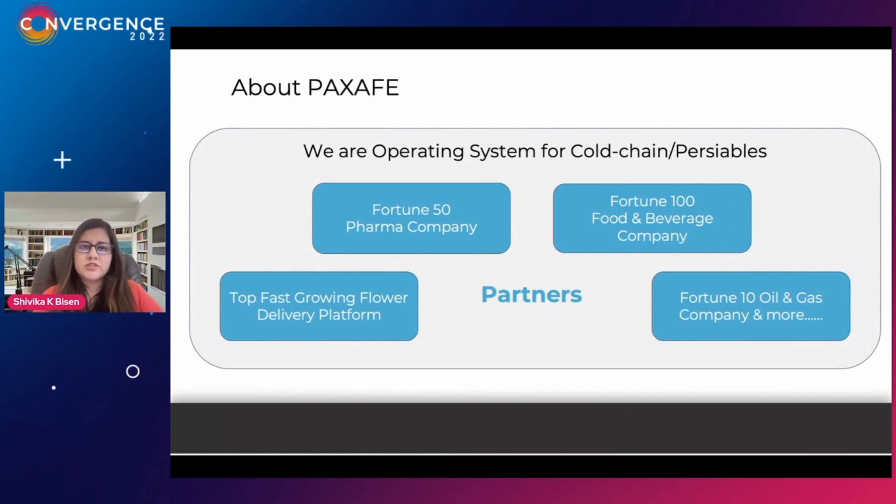We are a data intelligence company that builds predictive engines and analytical engines for streaming IoT data, which is used in shipments. Some of our past partners are a Fortune 50 pharma company and a Fortune 100 food and beverage company. We also work with a Fortune 10 oil and gas company, and many more.